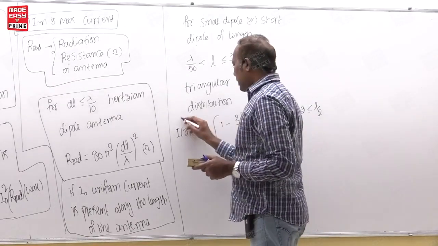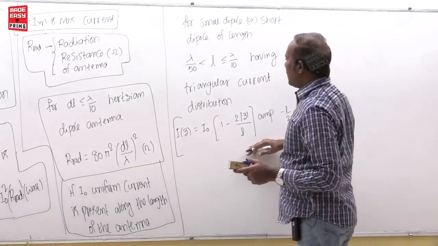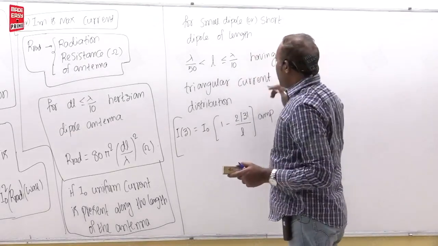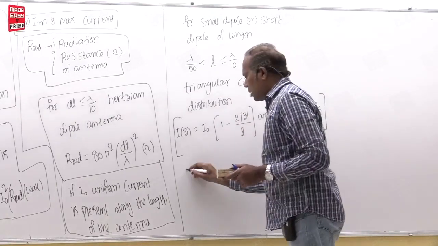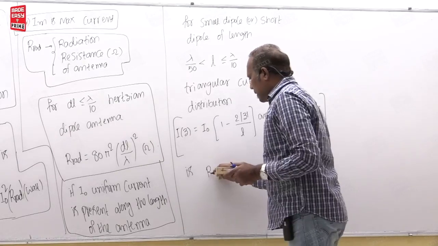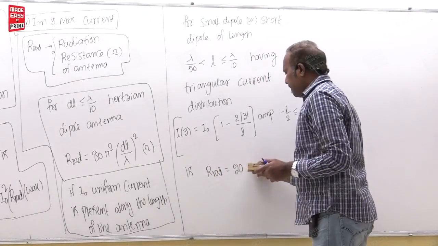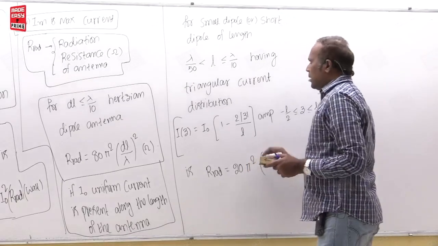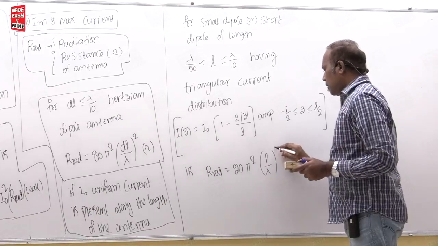So for triangular current distribution, put this in the bracket, no need to remember this one, the radiation resistance is equal to 20 pi square L by lambda whole square.